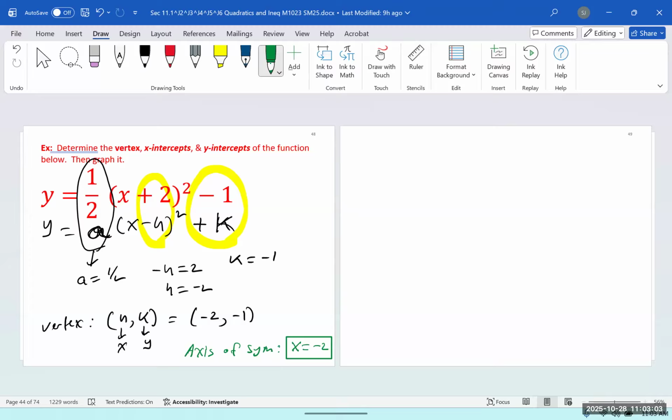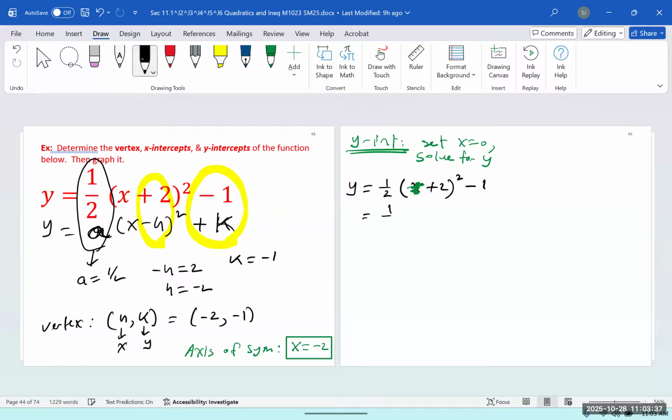So for the last two questions, the y-intercept was easier because we just cancel out all the x's. But here, look what happens when you cancel all the x. Y-intercept: set x to 0, solve for y. So we have y equals 1/2 (x plus 2) squared minus 1. x equals 0 means only this thing is 0.